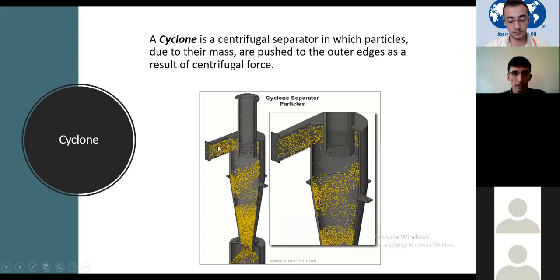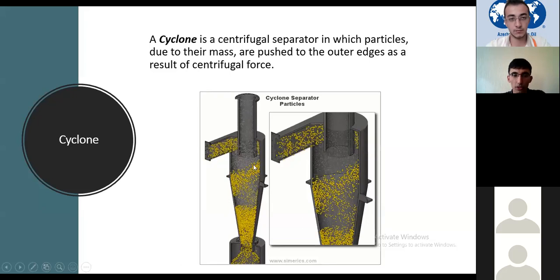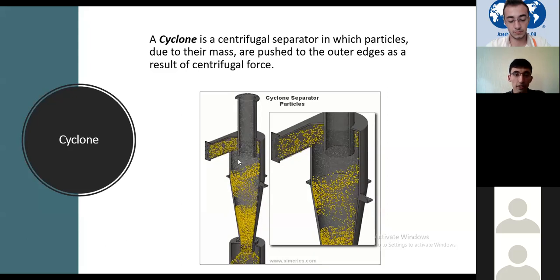In the photo or GIF, you can see yellow particles, and you can see some white particles. The yellow particles are solid particles, so you can imagine them as our polymer particles, and the white particles are like nitrogen. This is called a vortex effect.